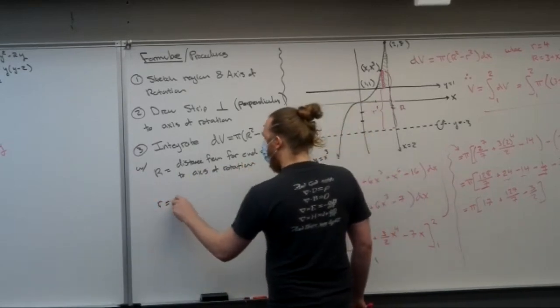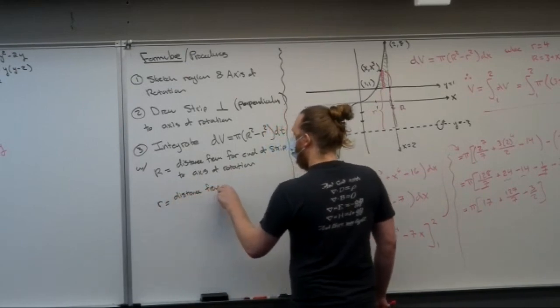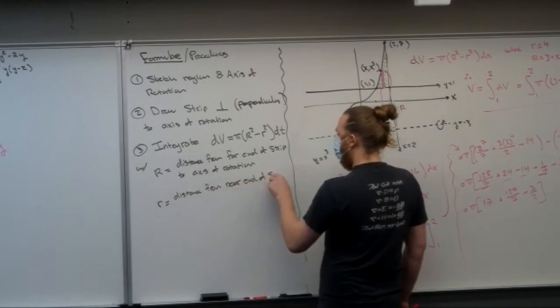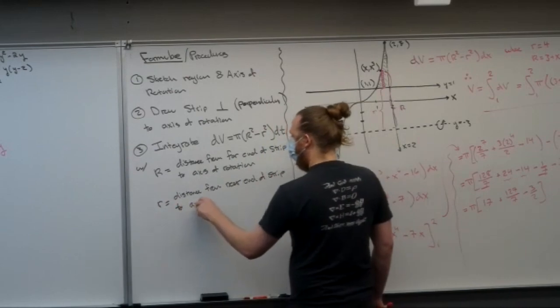And little r is the distance from the near end of the strip to the axis of rotation.